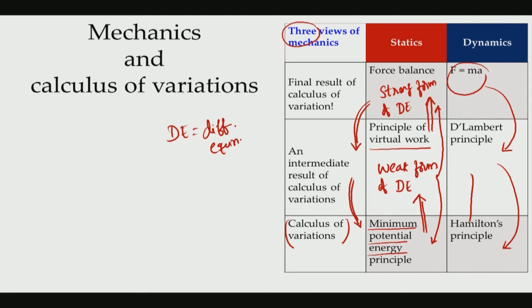These are three equivalent principles in mechanics, and calculus of variations in a way ties all of them together, because when you take statics, minimum potential energy principle, from that you can get the weak form or the principle of virtual work, from there we can get the force balance, which I intend to show using the example of a beam that you would have learned in your mechanics of materials course.